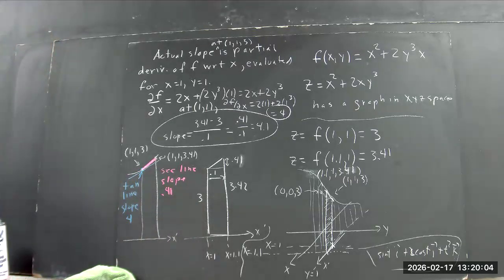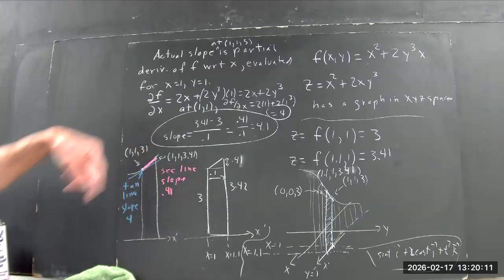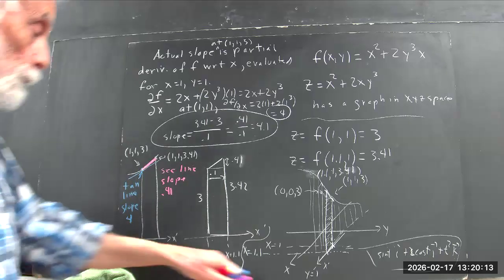Now that picture should make good sense, even though I didn't have room to label the secant line up here.